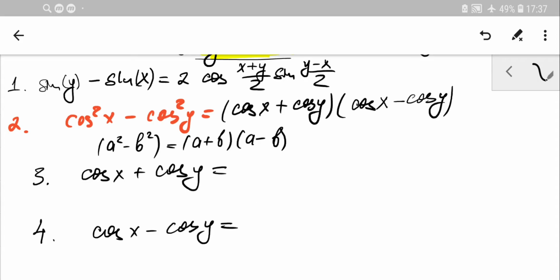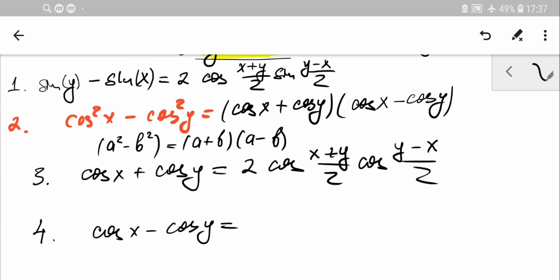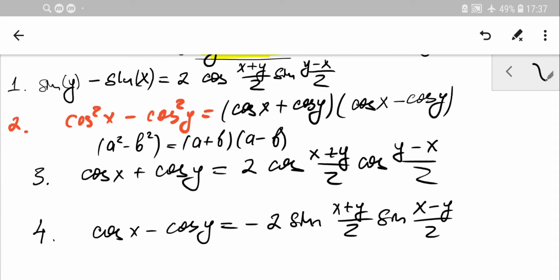So cos x plus cos y: if we apply the formula, we get cos of the semi-sum multiplied by cos of the difference over 2. And what about cos x minus cos y? We'll get minus 2 sine of x plus y over 2 and sine of x minus y over 2.